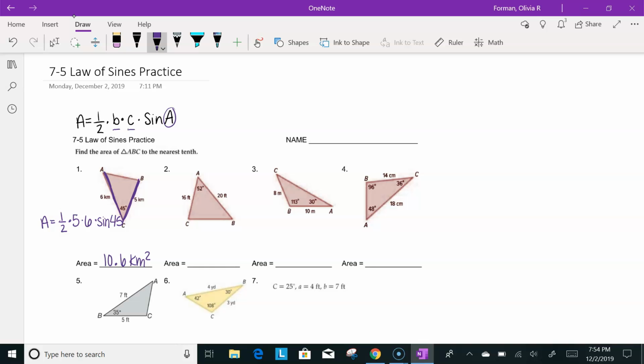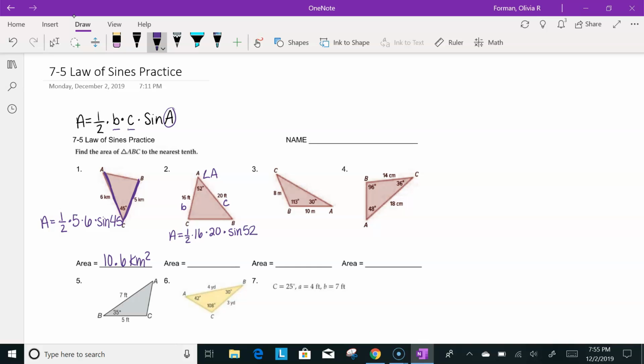Again, this is your side B. This one is your side C, and that's angle A. So if you want to, again, use the one that I wrote at the top of the page, 1/2 times my side B, which is 16, times my side C, which is 20, times the sine of A, or the sine of 52.